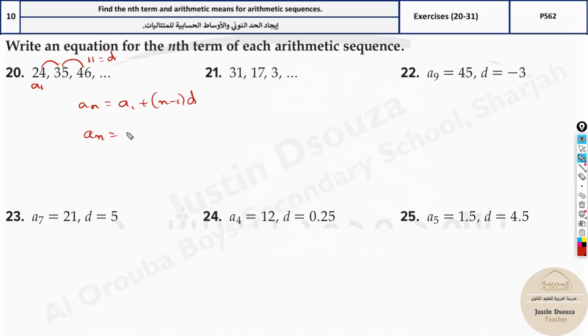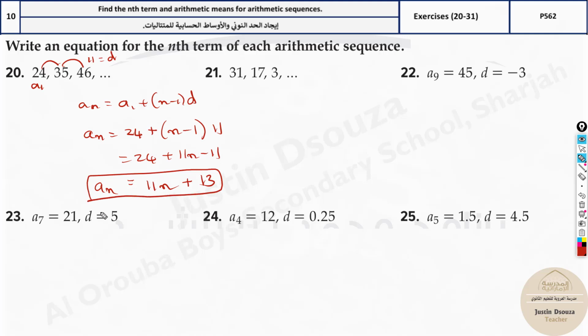So An will be 24 plus n minus 1 times 11. Now multiply this 11 inside, it will be 24 plus 11n minus 11. So finally An will be, you can write the variable term first, 11n plus 24 minus 11 will be 13. So this is the nth term formula.